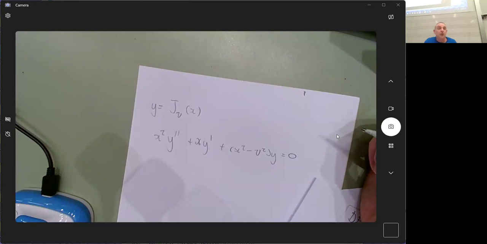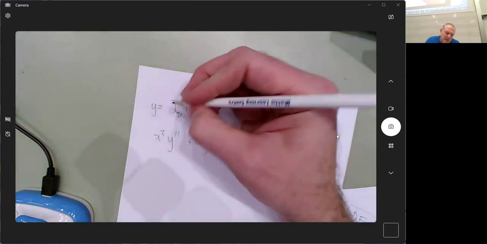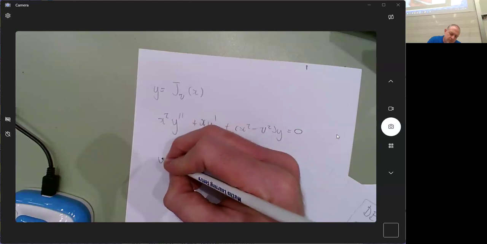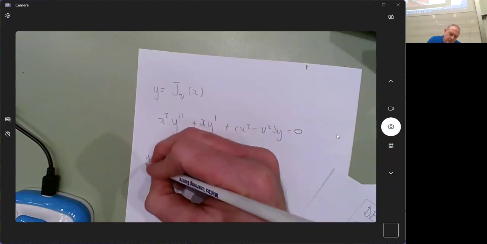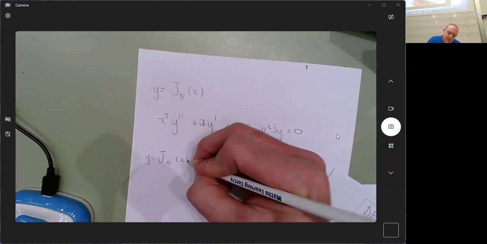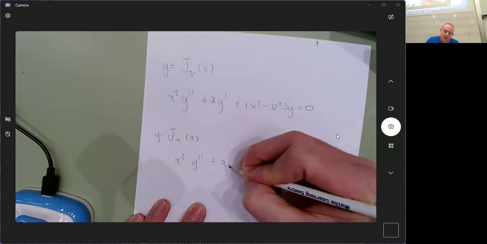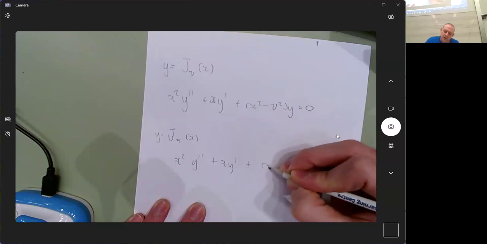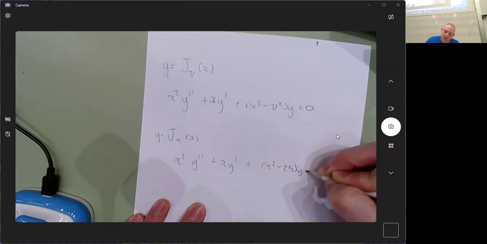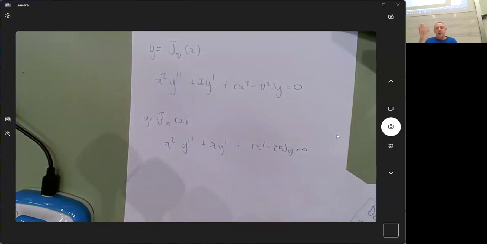That I know for sure. And so if they gave me a number, if y was J 5x, then I'd have x squared y double dash plus x y dash plus (x squared minus 25) y is 0. So theoretically, if someone told me what J dash was, I could figure out what J double dash was from this information.